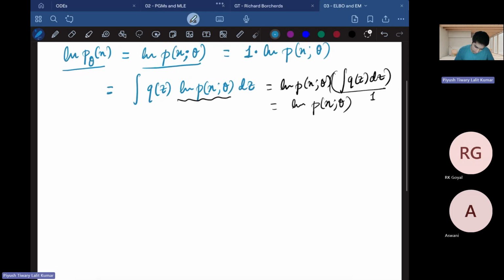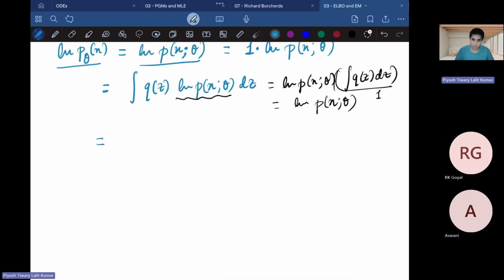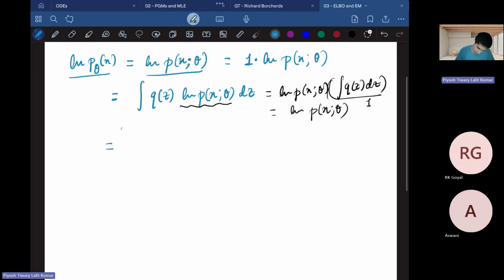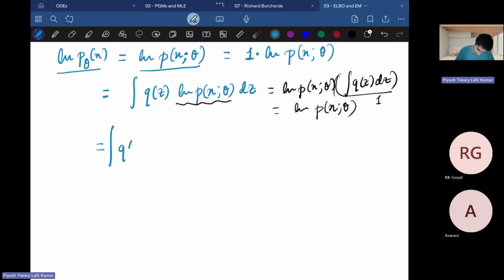Right. So what we are going to do next is use some sort of marginalization. You have ln p of x theta, with q of z.